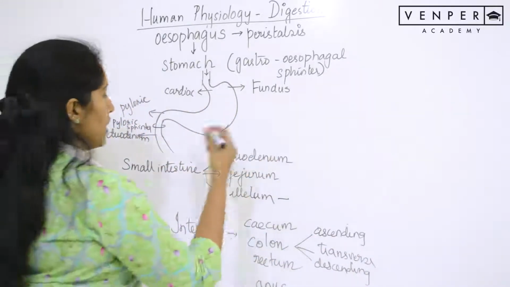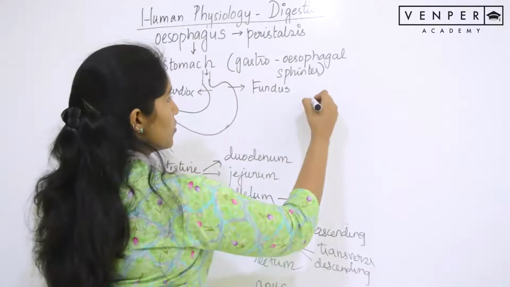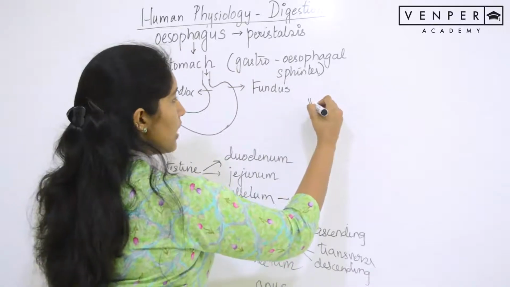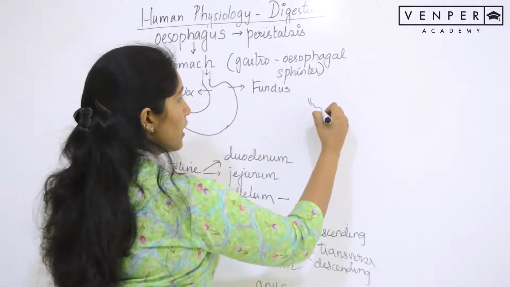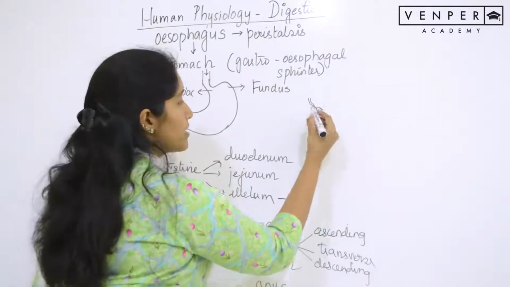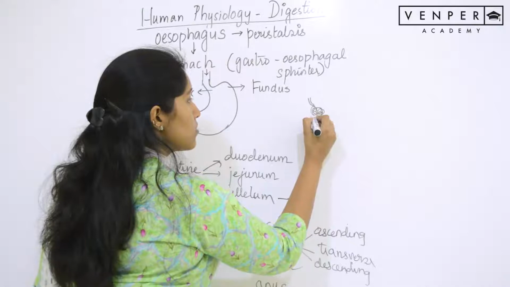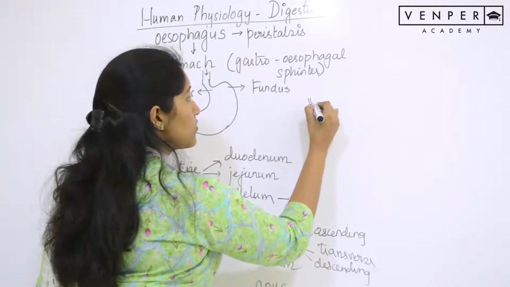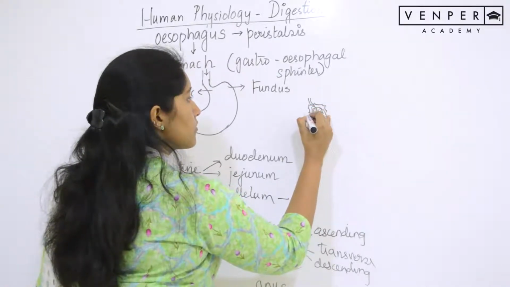Basically this region comes down like this, and then it coils here like this, which is the small intestine, and then it passes on and becomes the large intestine.